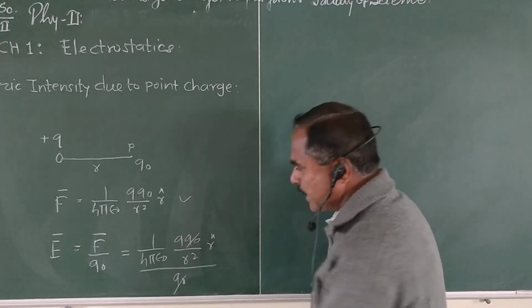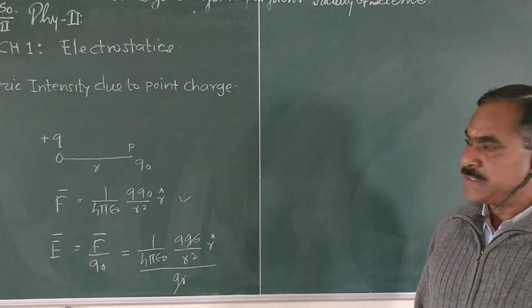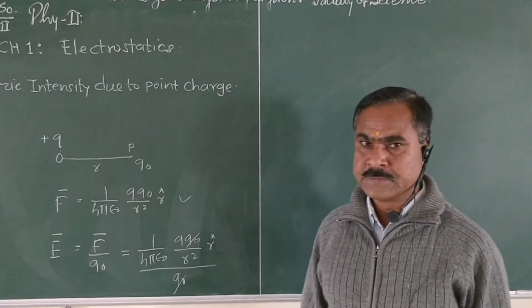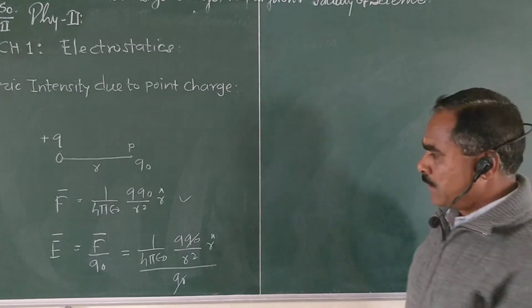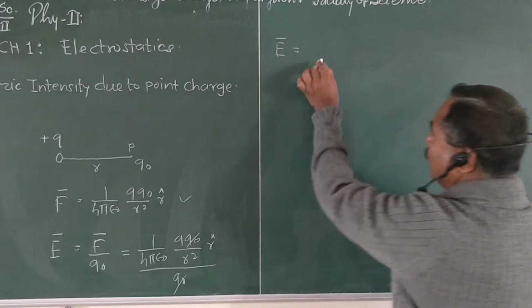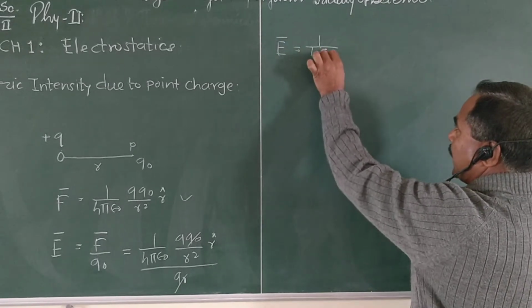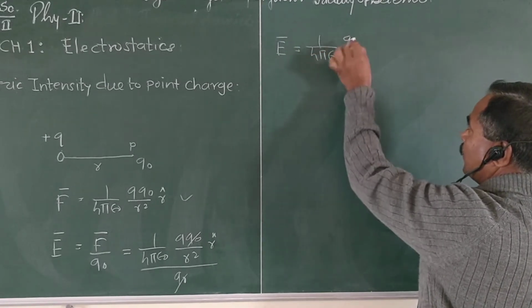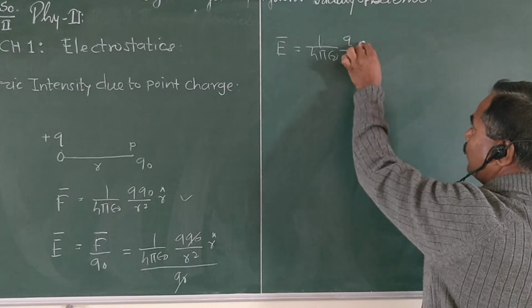Therefore Q naught gets cancelled, and the electric intensity at point P, which is at distance R, can be written as E bar equal to 1 upon 4 pi epsilon naught, Q upon R square into R cap.